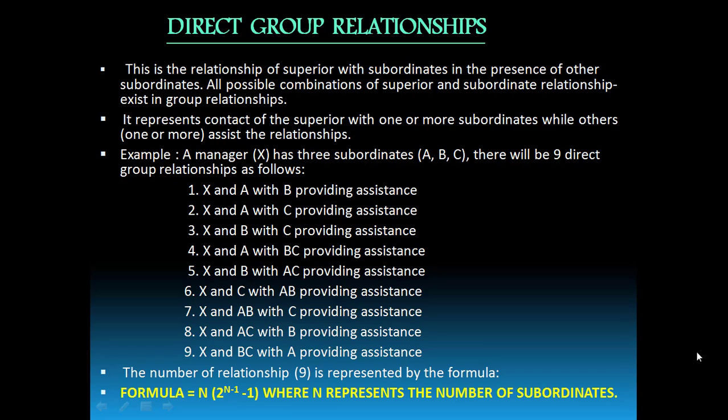Here, if there is a manager X and he has 3 subordinates A, B and C, there will be 9 direct group relationships, which I have mentioned here. He has also given a formula to find the direct group relationships, which is mentioned here. Based on this formula, one will get 9 relationships if he has 3 subordinates under him.